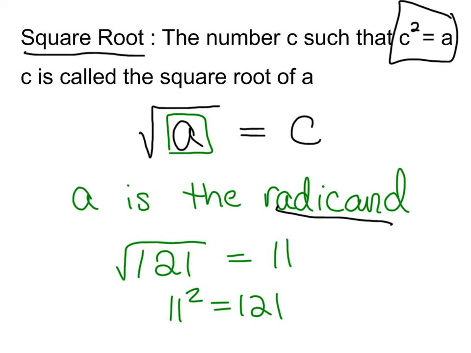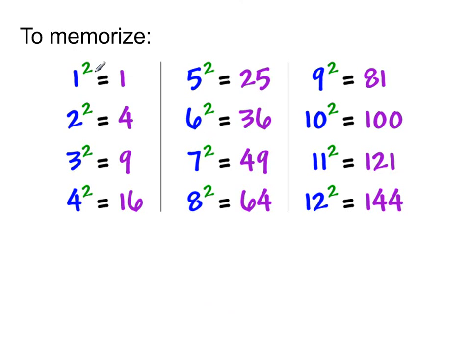Now I'm going to give you a chart. 1 squared is 1, 2 squared is 4, 3 squared is 9, 4 squared is 16, and so forth. You want to have up to 12 at least down. If you can also remember 15, 20, and 25, those are bonus points. Any more than that, you're doing really great. Like 13 and 14 are pretty nice too.